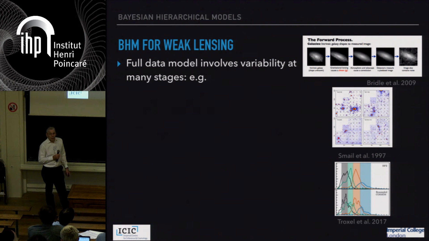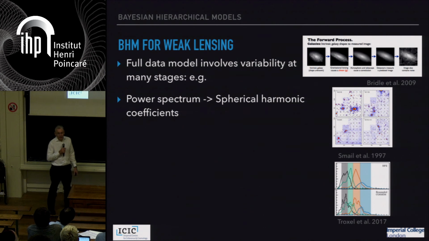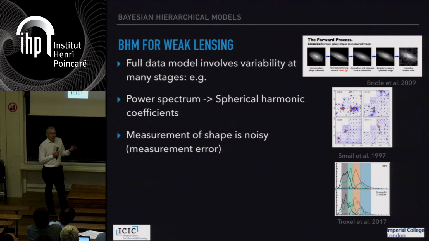The full data model involves variability at a number of stages. For example, going from the power spectrum to the spherical harmonic coefficients is basically a random realization of the universe. The shape measurement is a noisy process, so there is some variability involved there.